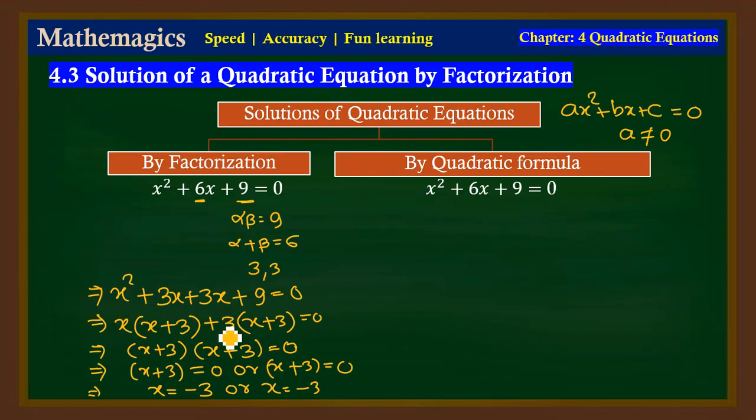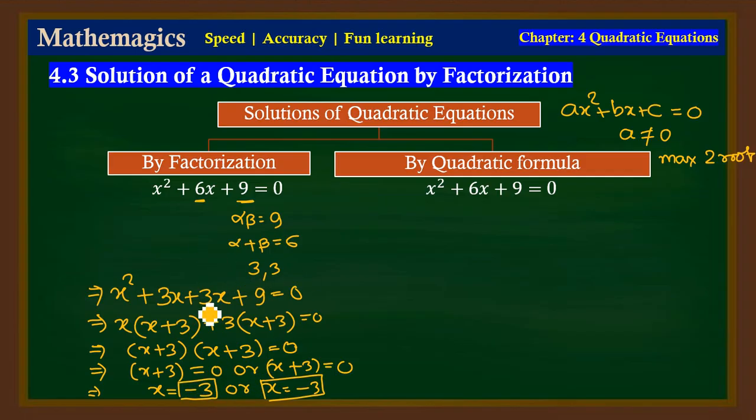Dear friends, in the earlier videos I already have stated that it is having maximum two roots. So according to the condition, it can have 0 roots, 1 root, or 2 roots. So here both the roots are coming the same, so we can say that it has only 1 root, or we can say two equal roots.